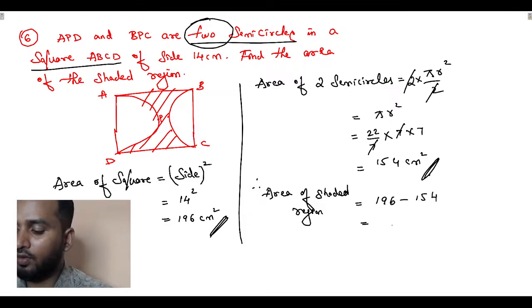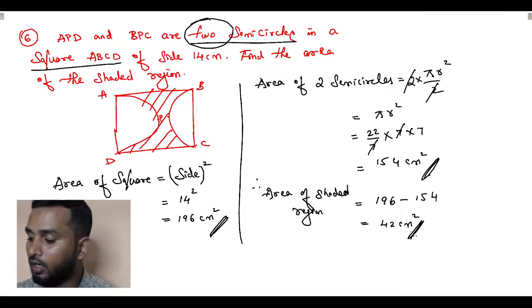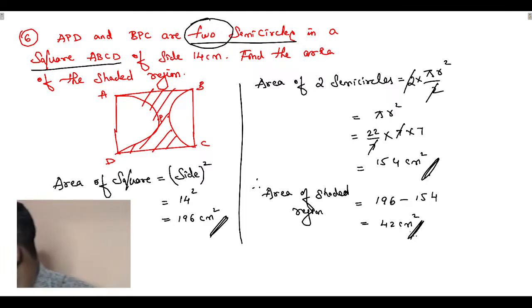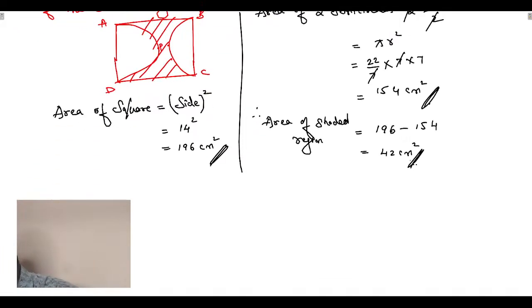In 196, if you subtract 154, that is nothing but 42 centimeter square. So this is the area of the shaded region. Understood? Any doubts? No doubts? Very good.